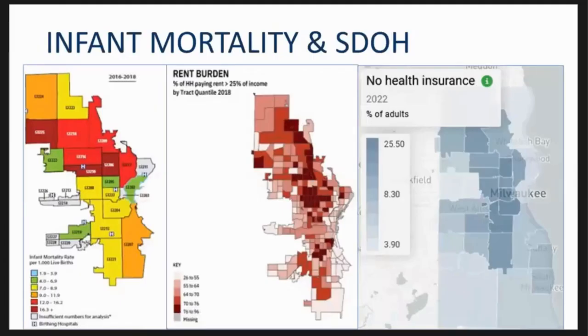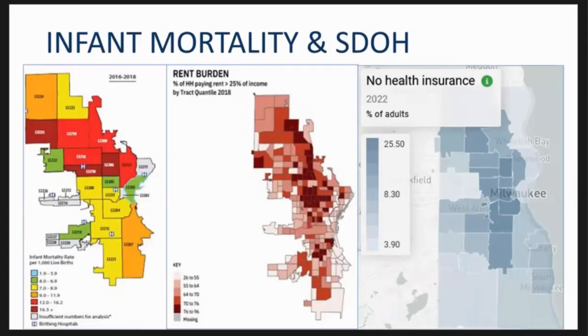Again, I'm gonna pull up my notes just to make sure I remember. This is to give a broader picture, so the left-hand map is from the previous FIMR report, and that's infant mortality rates by zip code. The green is good, yellow is medium, orange and red is getting worse, and those really dark reds are our most concerning zip codes there.